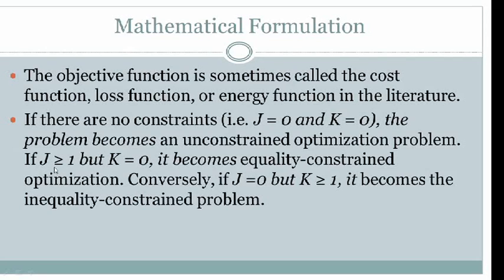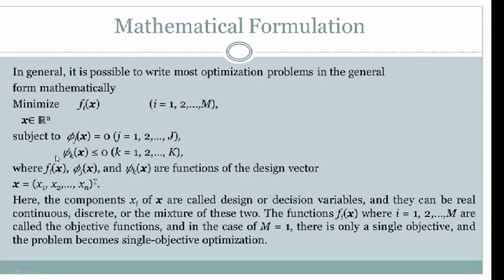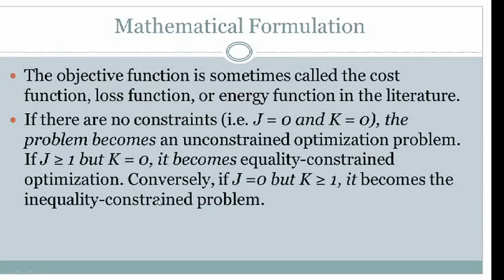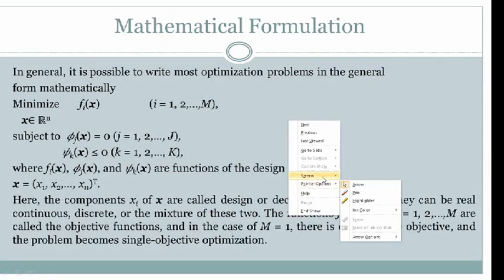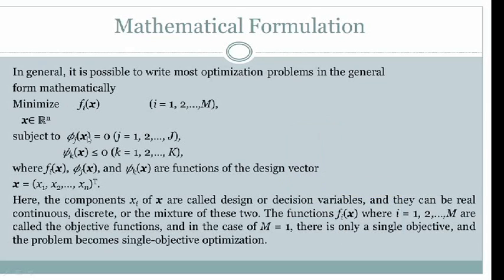If j is greater than 0 but k equals 0, it becomes equality constrained, that is no psi_k(x) will be there, so only the equality constraints part will be there. Conversely, if j equals 0 but k is greater than 0, then there will be no equality part, so only the inequality part will be there, and therefore it will be called an inequality constrained optimization problem.